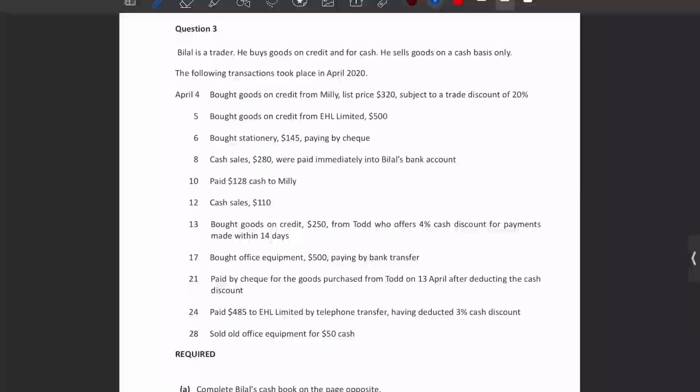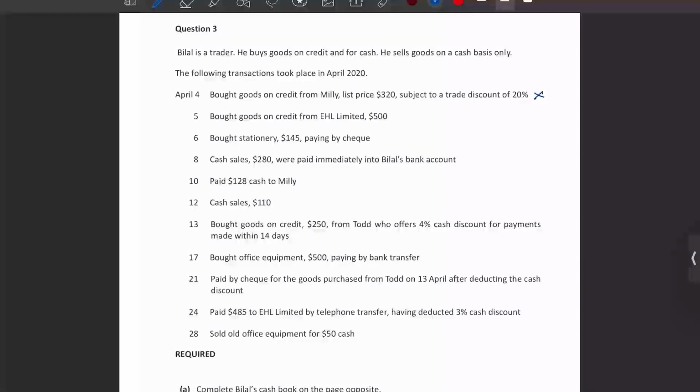You read that entire transaction on April 4th, the word cash is not mentioned, the word bank or cheque is not mentioned. Then, do you enter that in the cash book? No. Only if cash or bank is mentioned, you have to think. If it is increasing, put it on the debit side. If it is reducing, put it on the credit side. So the first one, you don't take it.